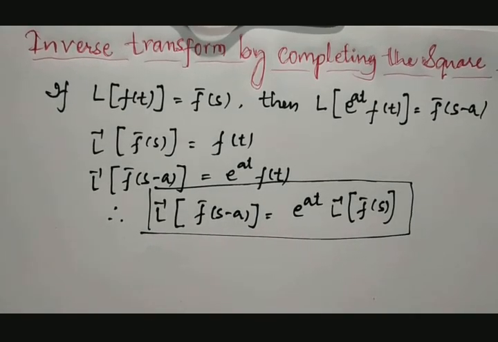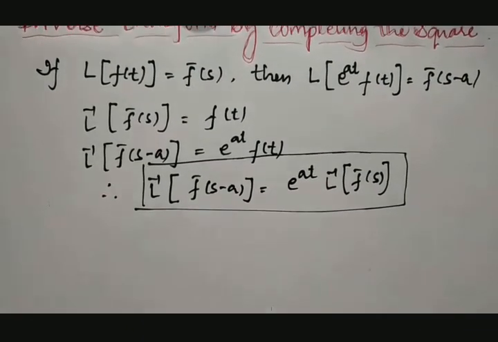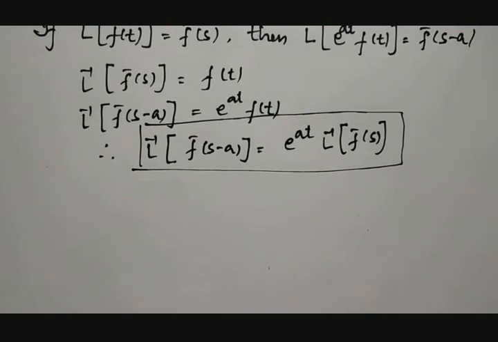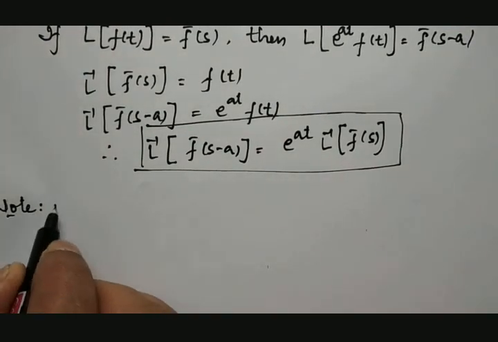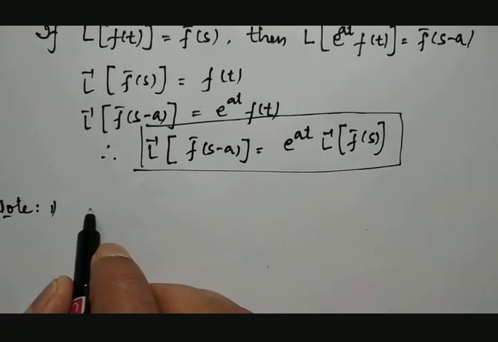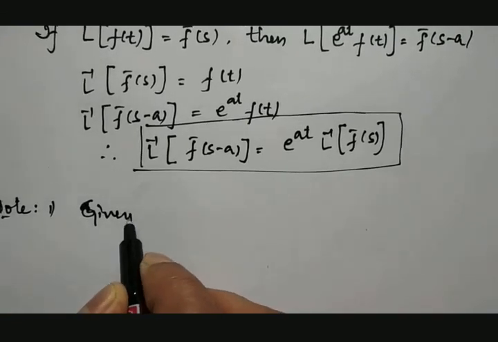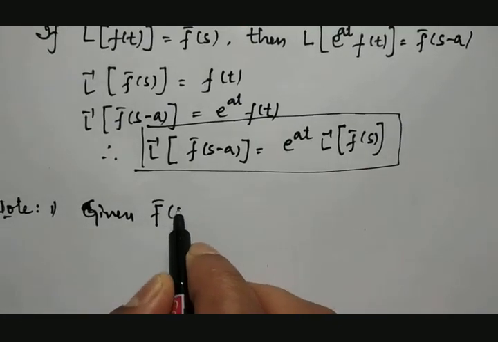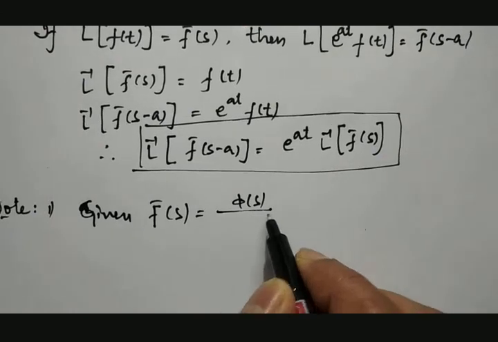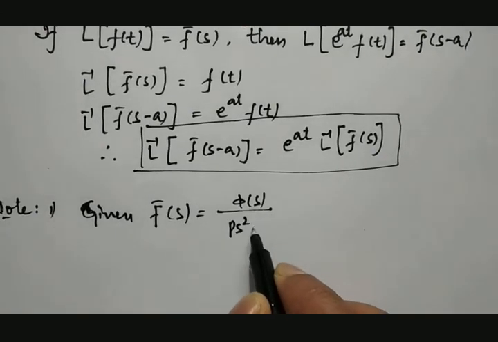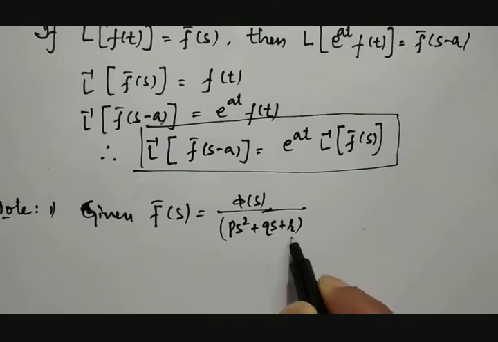Usually we need to understand a few steps on how to solve the examples. For that, I'll take a note. First, assume the given term is something like f bar of s is equal to phi of s divided by ps square plus qs plus r, which means it is a quadratic expression.